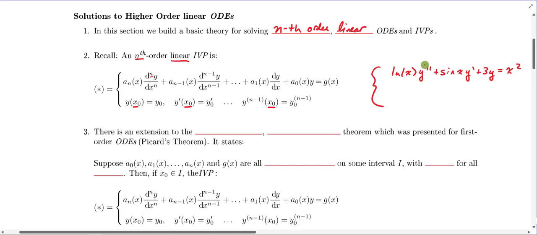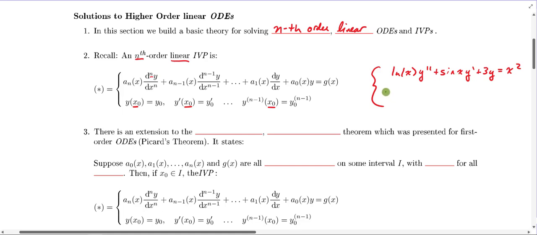Notice that when I say linear, I'm talking about linear in terms of y and y's derivatives. The sine of x, for instance, is not a linear function in terms of x, but the sine of x as a coefficient function multiplied to y prime is a linear term as far as y prime is concerned. That's what makes this a linear ODE.